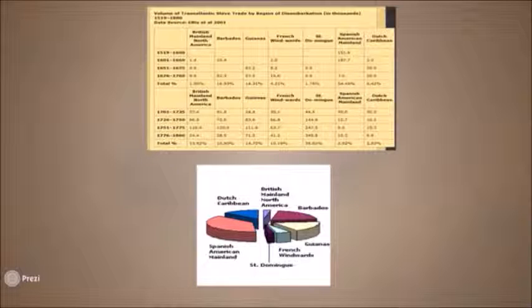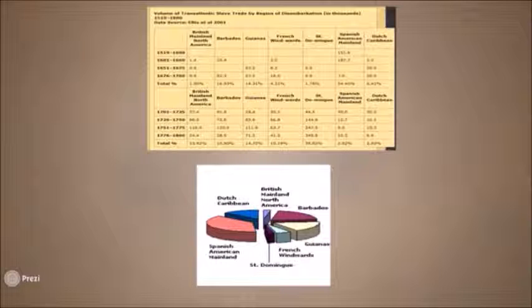Spanish American mainland lost more than 50% and dropped to 2.92%. British mainland North America increased a lot too, to 13.92%. Labor in those areas got more important by the day, thus more workers were needed.